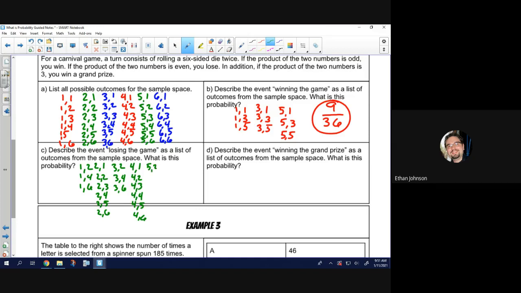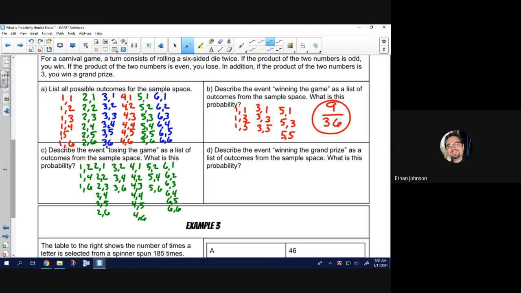BR5, 2, a 5, then a 4, 5, then a 6, and then all of the numbers from our 6 column. And then this too wants us to have the probability answer.